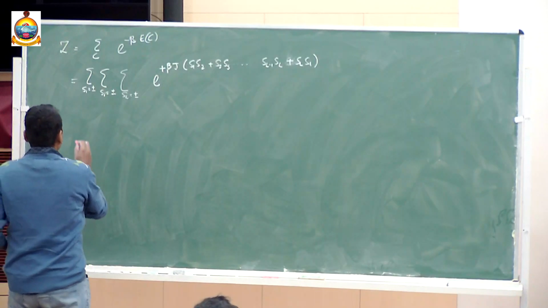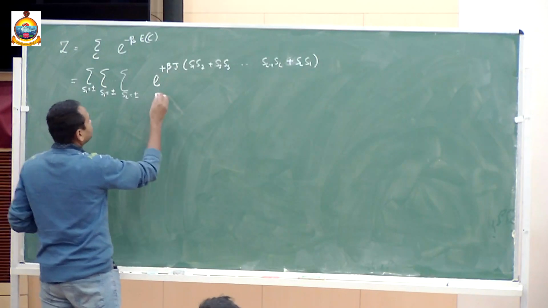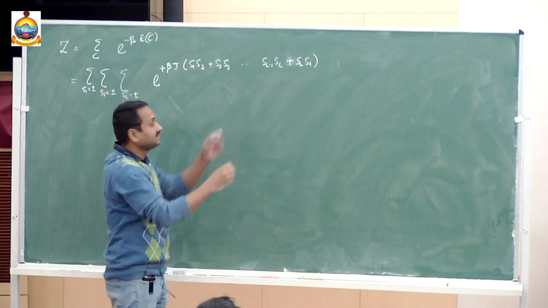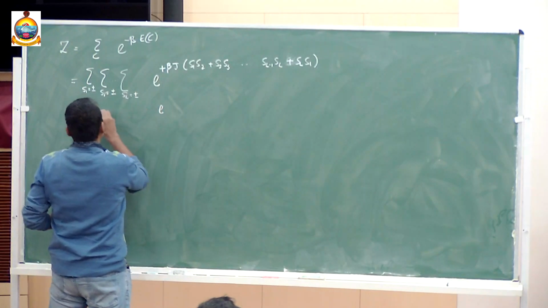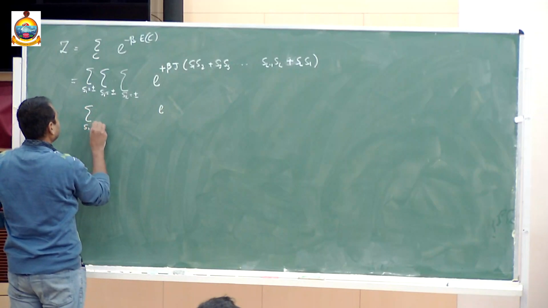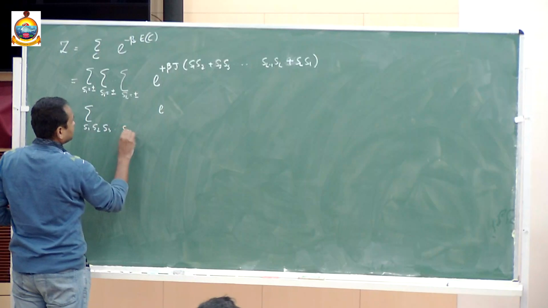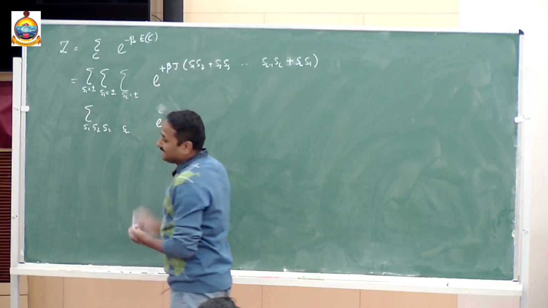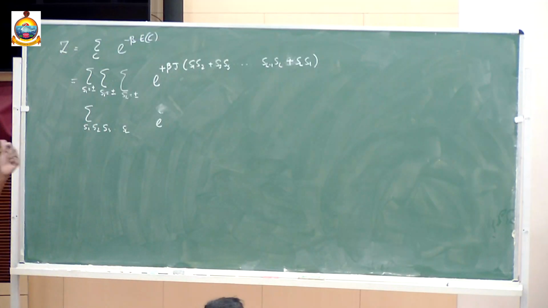Now this can be written differently. Instead of writing it like that, you can break it as a product, because this is just a sum. So I'm writing it again: summation over S1, S2, S3, up to SL, and this is e to the power plus beta J. You can see that whenever beta comes, J comes along with it, so you can lump it with beta.